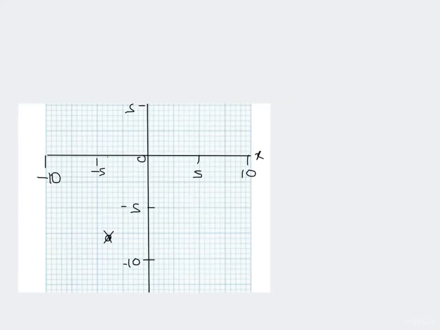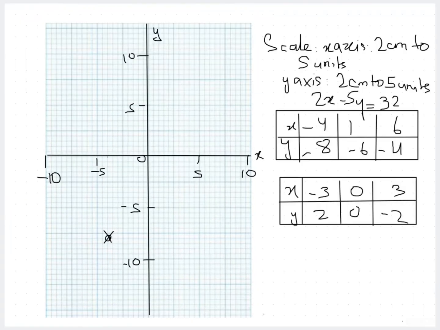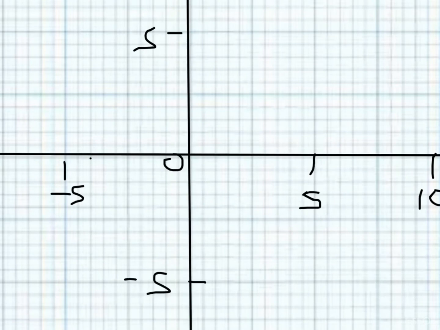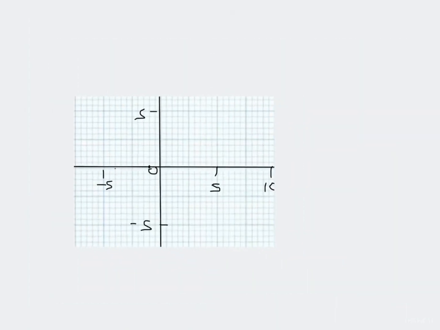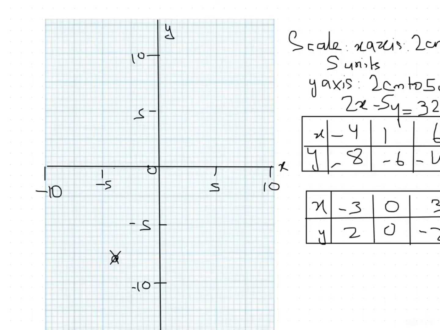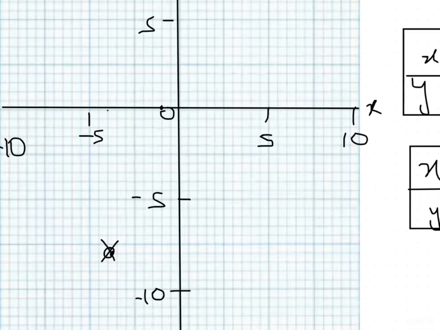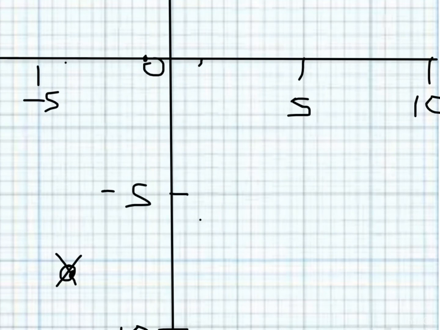Now we have plotted point 1, and then point 2, which is 1 and -6. So 1 on the x-axis would be here, and -6 on the y-axis would be here. So here is the point.